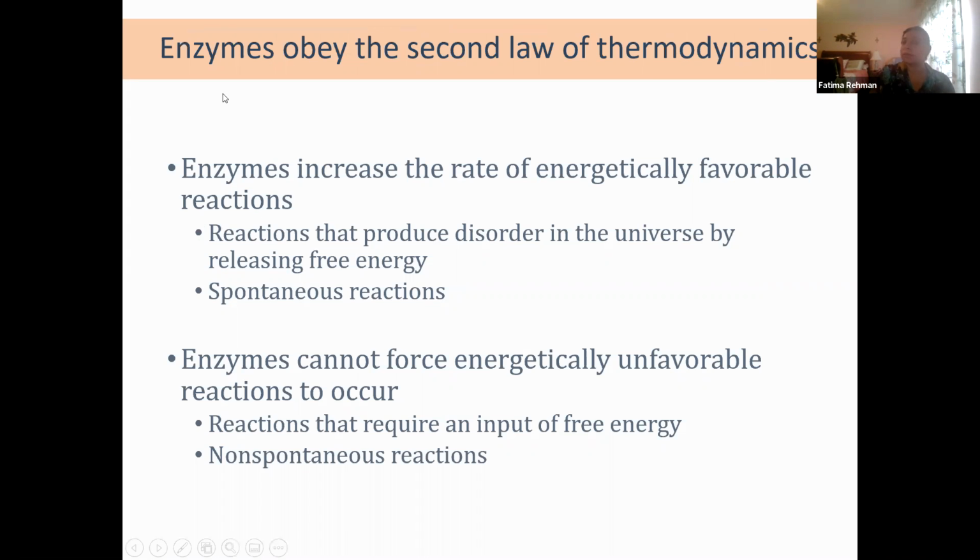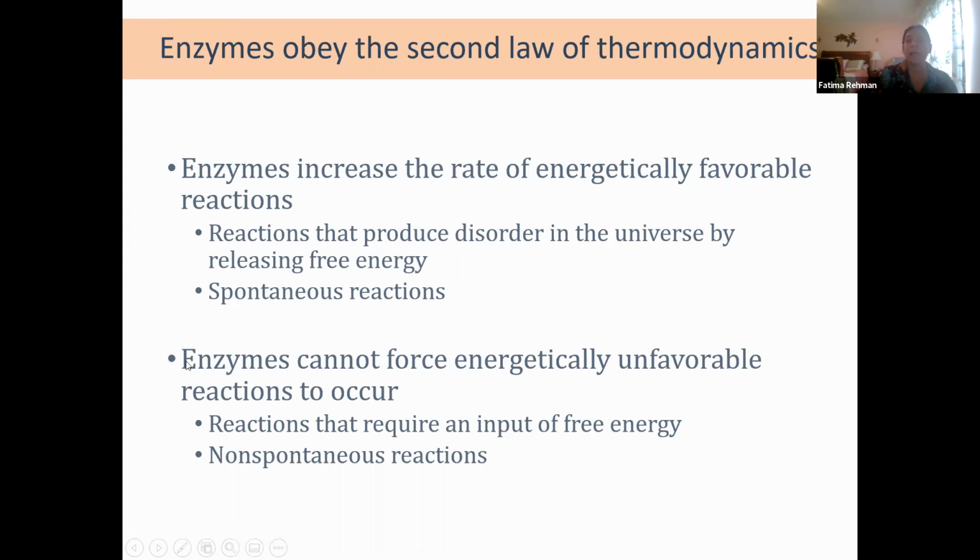Now, enzymes still have to obey the same laws of physics that normal bodies and other atoms do. So enzymes will increase the rate of favorable reactions, but they can only do that for spontaneous reactions. And they will still create disorder because they will be releasing free energy into the environment, in this case inside the body, to maintain the metabolic state of the body.